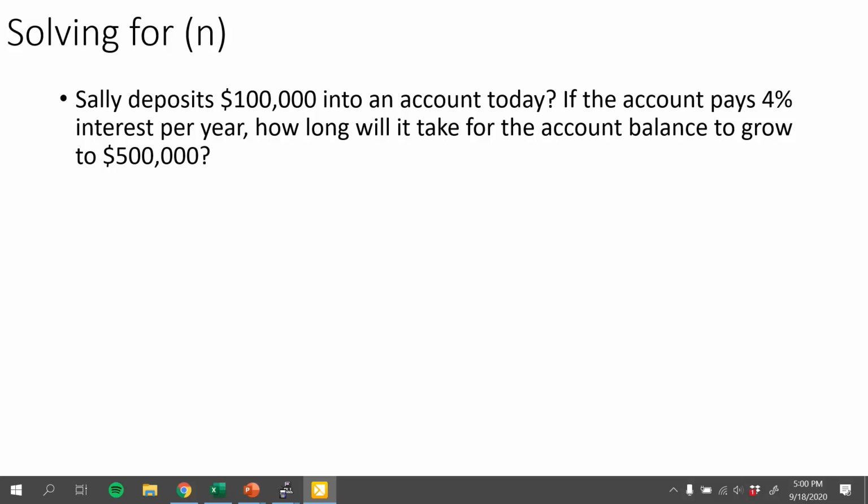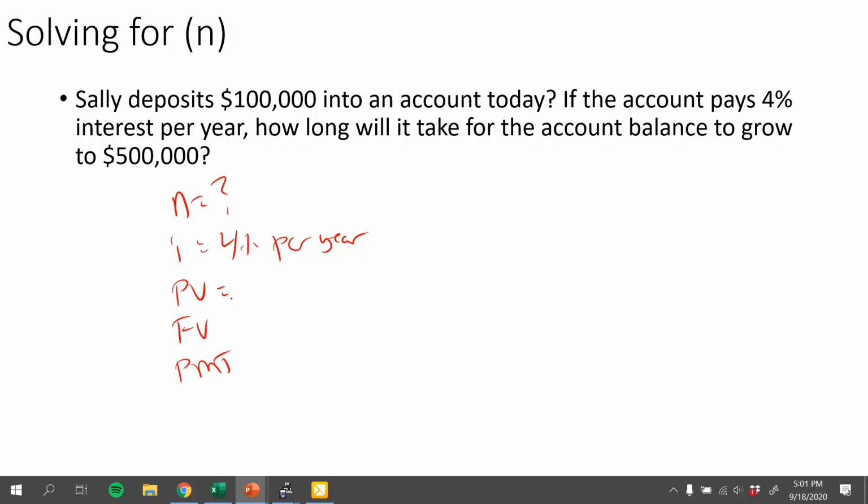All right, so just as always, I'll make a little chart of my inputs. So we're going to have an N, I, PV, FV, and PMT. All right, my N is going to be what I'm solving for. My I is going to be my interest rate per year, so 4% per year.